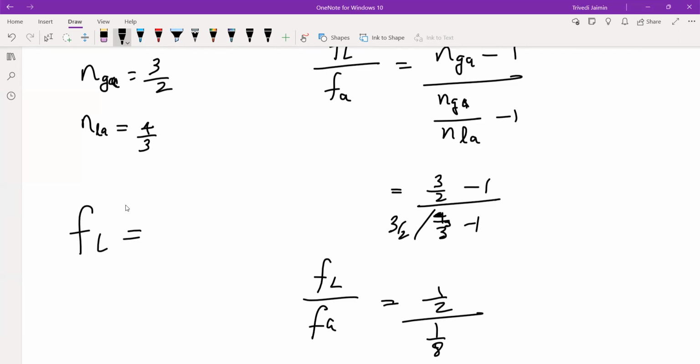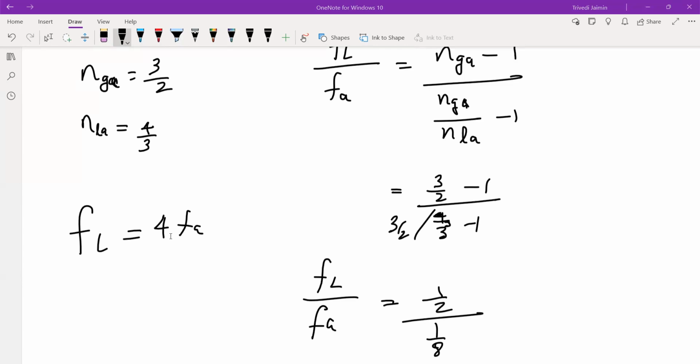So 1/8, by 4 means 4. F of liquid equals 4 F of air.